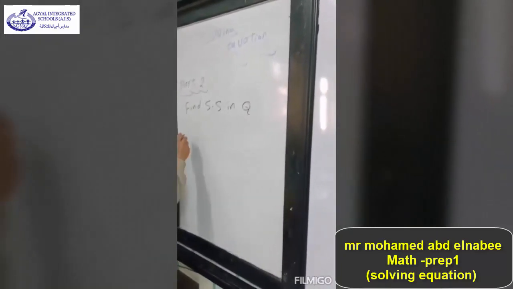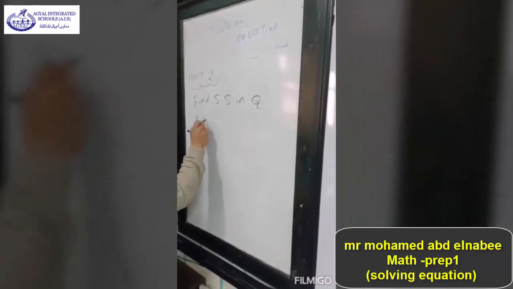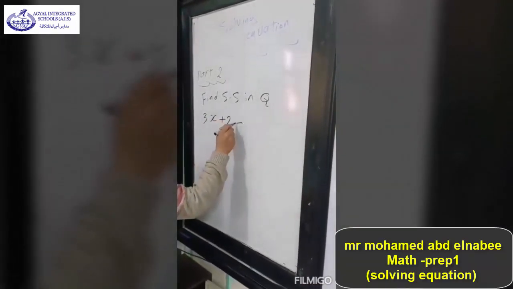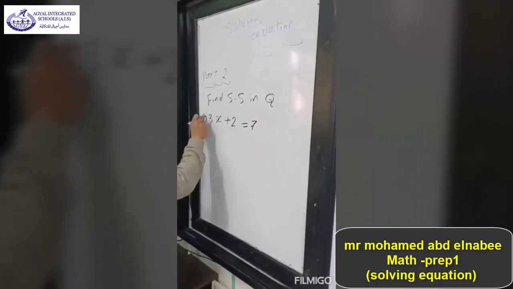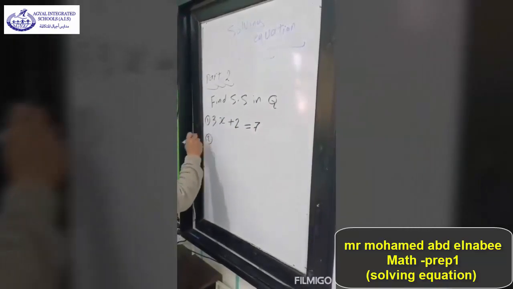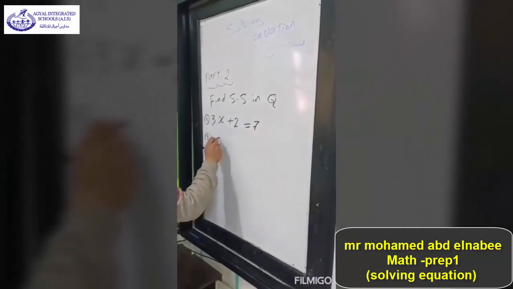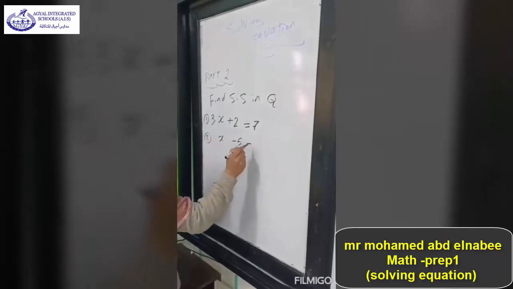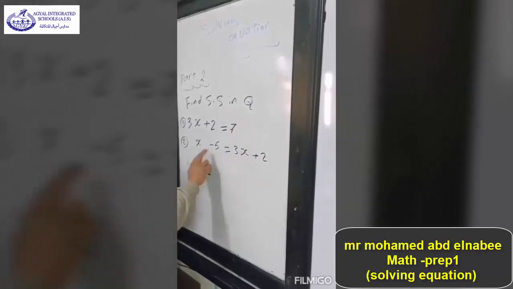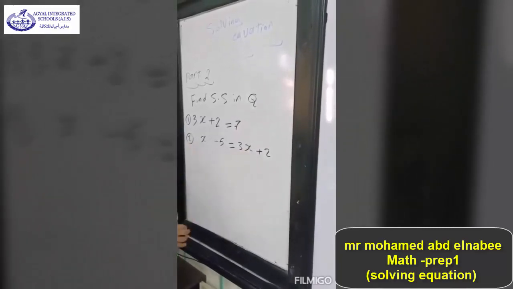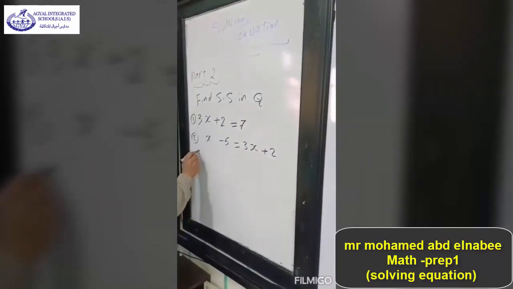For example, if I say for you: number 1, 3x plus 2 equals 7. Number 2, x minus 5 equals 3x plus 2. Oh, we have the variable on two sides. Let us see how we solve.